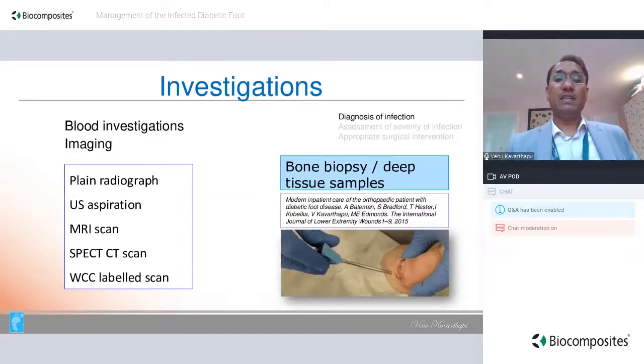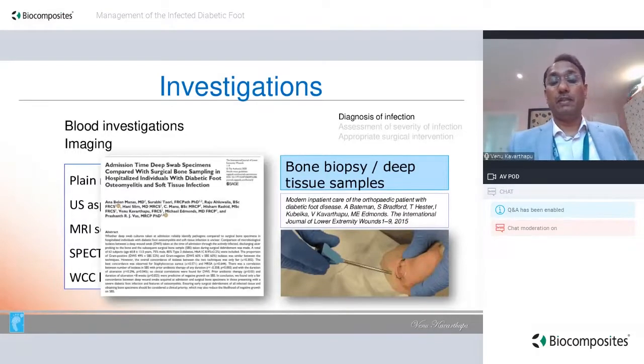And we can't emphasize enough the importance of taking bone biopsy specimens from a suspected osteomyelitic area. That will not only confirm the diagnosis, it will also help you deliver appropriate treatment.